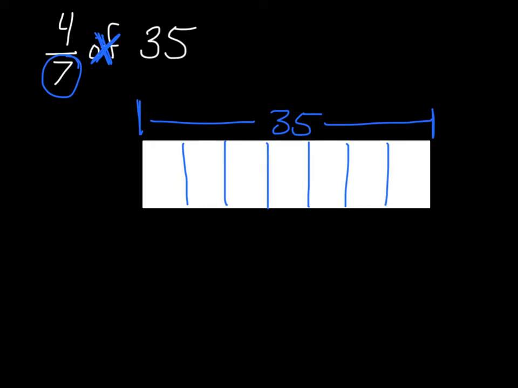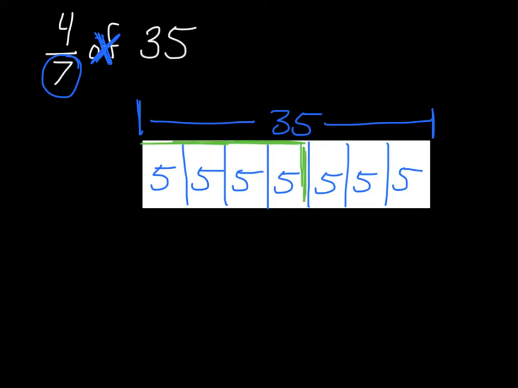We want them close to the same size. And then ask yourself, if you took the whole 35 and chopped it up into 7 pieces, well, 35 divided by 7 is 5. So each one of these pieces represents 5. And again, you could check, if you add together all of those 5s, they would add up to be 35. They represent the total amount. Now we're ready to find your answer. We want 4/7 of the 35. So I want 4 of these 7 pieces.